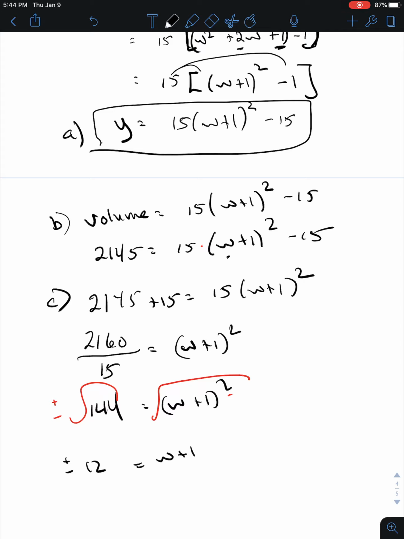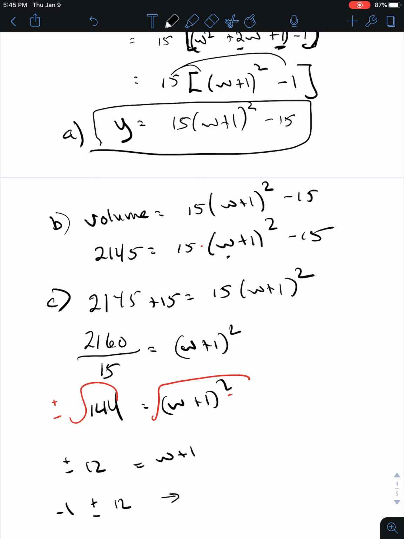So then I can subtract 1 from both sides, and you can go negative 1 plus minus 12.